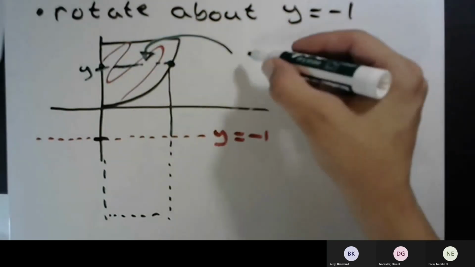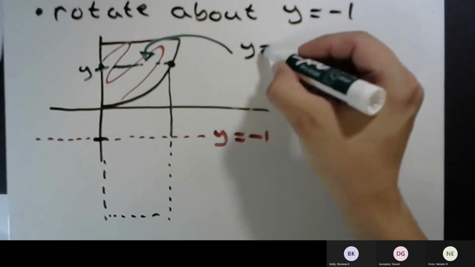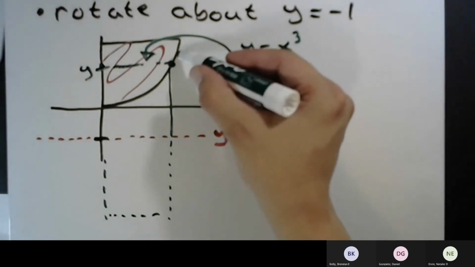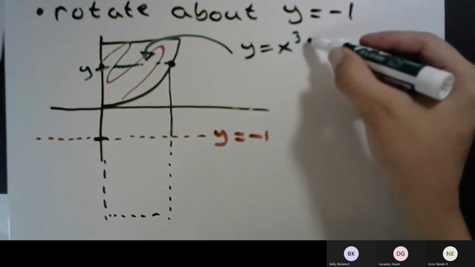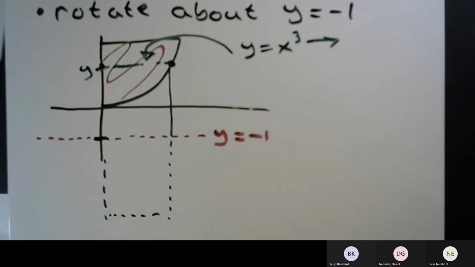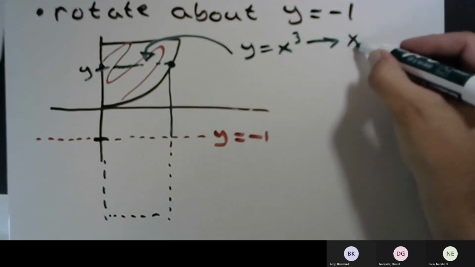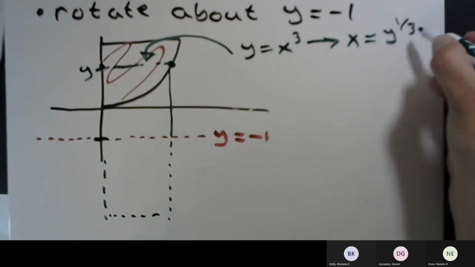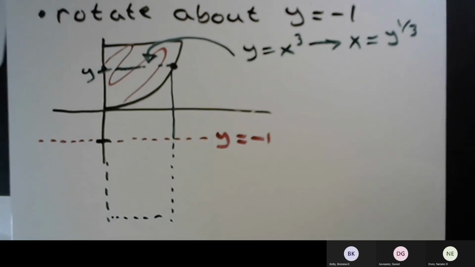Now, in this case, we need to be careful. We had y equals x cubed for this part. That was that curve. So since we're integrating with respect to y, this becomes x equals y to the 1/3.